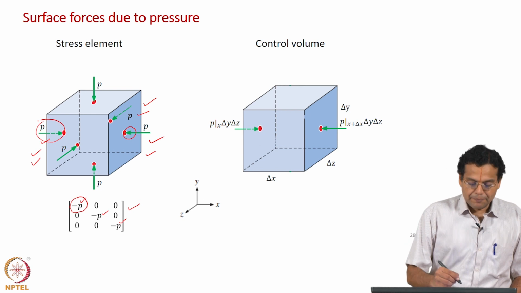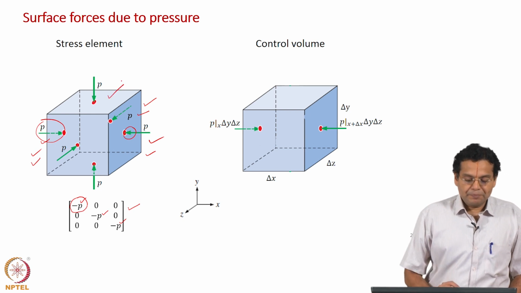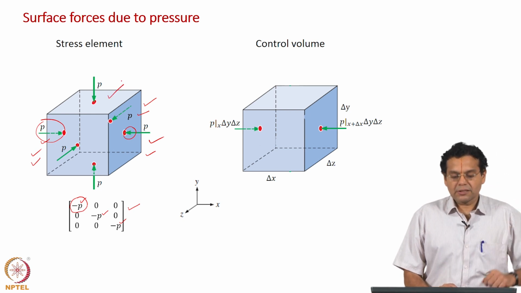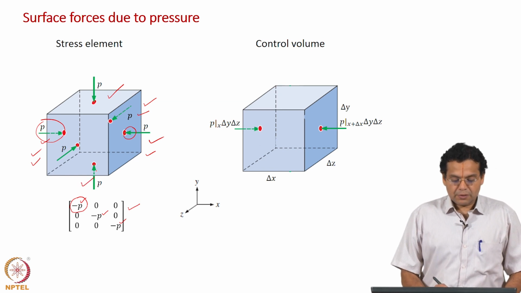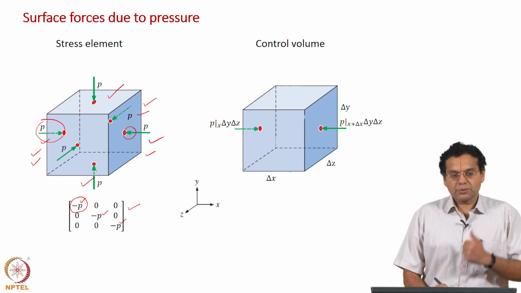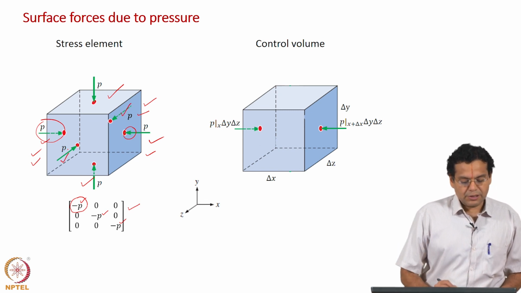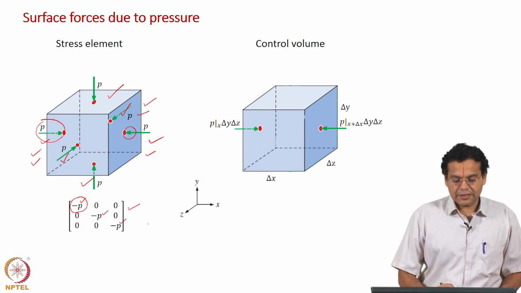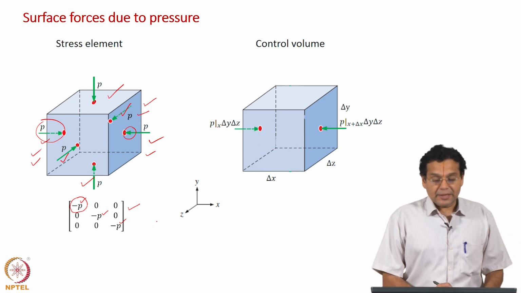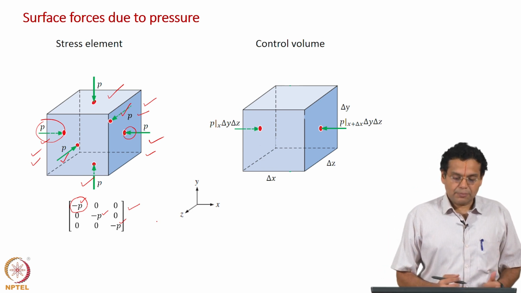For example, this is a positive y face and the force is along the negative y axis, and this is a negative y face with force along the positive y axis. In this case this is a positive z face, p is along the negative z axis, and the rear face is a negative z face and the force is along the positive z axis.